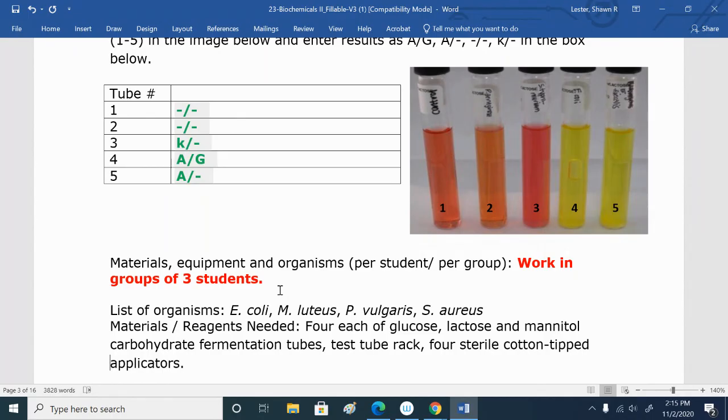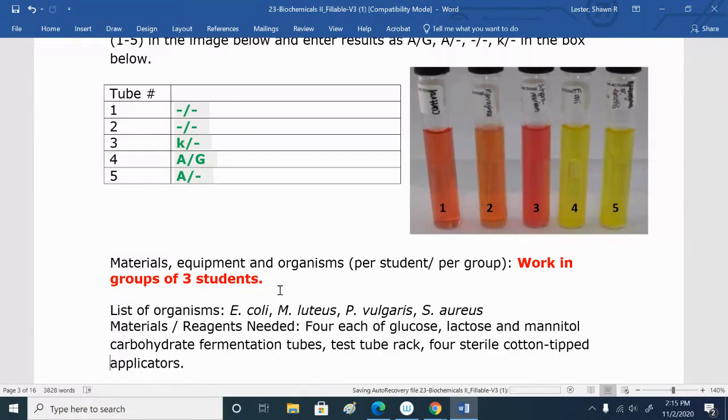Only oxygen is used. So no fermentation in Micrococcus luteus or any obligate aerobe. So does that make sense? Yeah, thank you.